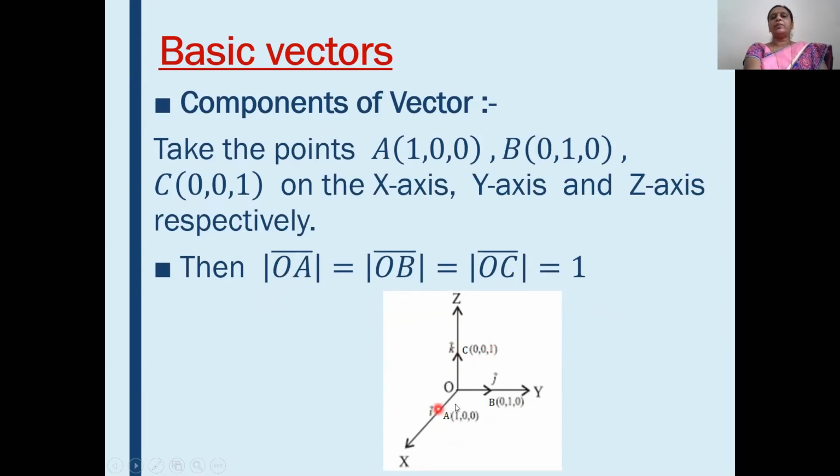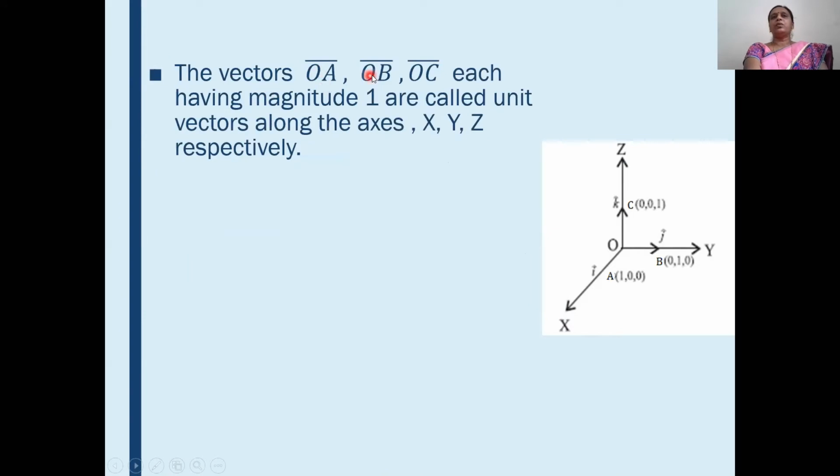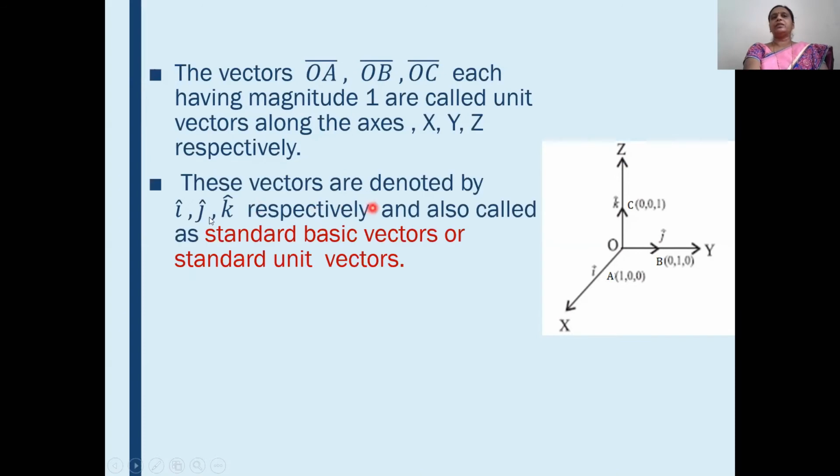If we take the magnitude of OA, OB and OC, that will be 1. The vectors OA, OB, OC, each having magnitude 1, are called unit vectors along the x, y and z axis respectively. These unit vectors are denoted by i, j, k respectively and are also called standard basis vectors or standard unit vectors.